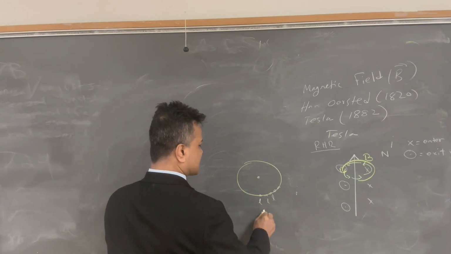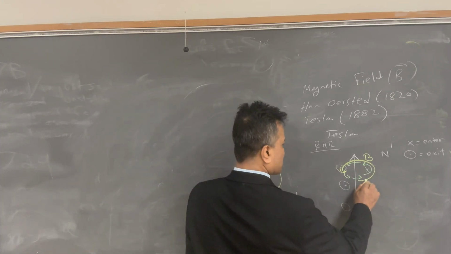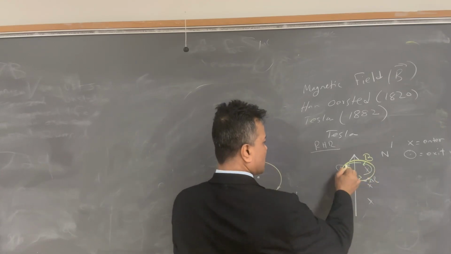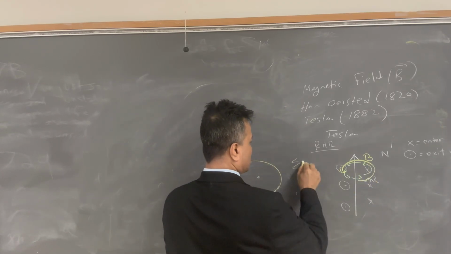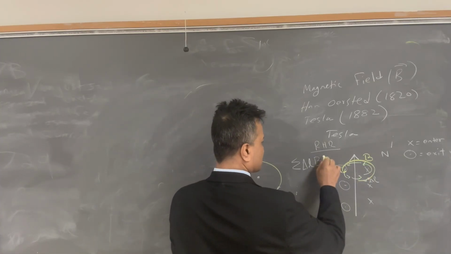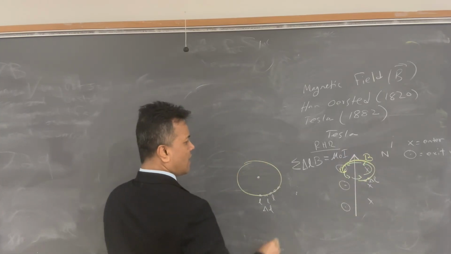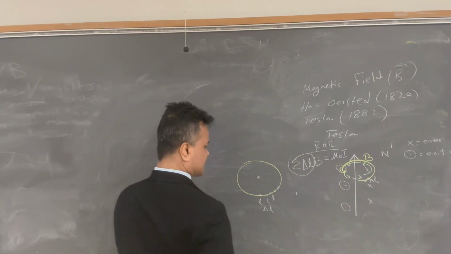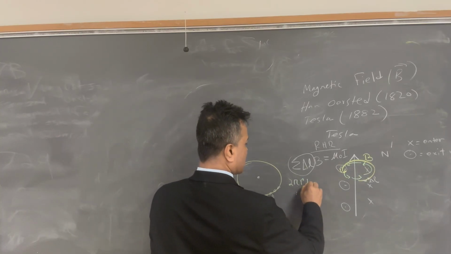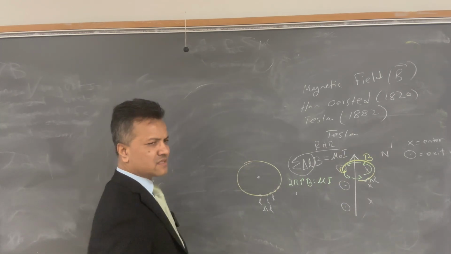So from this one to this one is delta L. Then the sum over all the points, which is the magnetic field, is equal to mu times current. How can you replace delta L? Delta L is 2 pi r. Magnetic field is equal to mu times current.